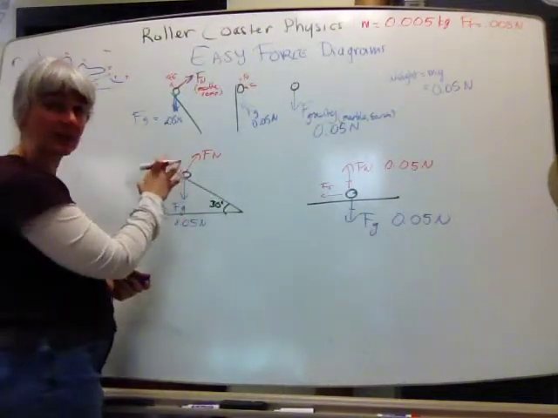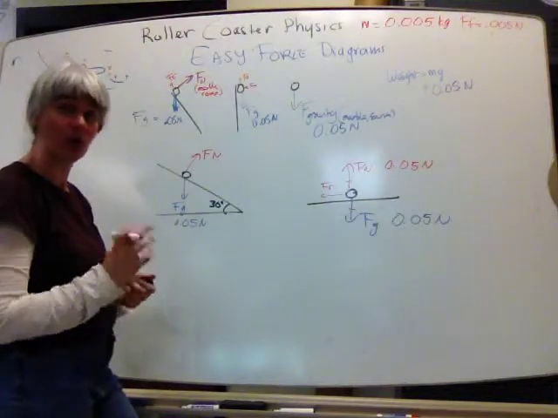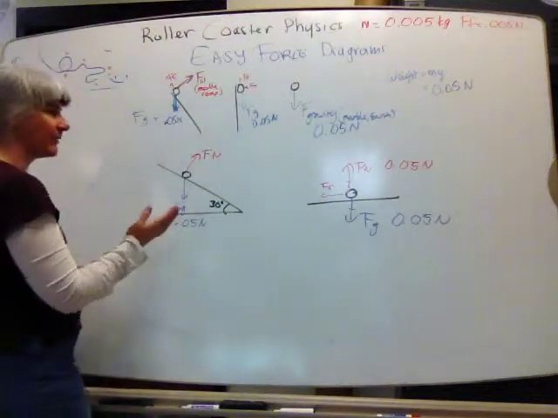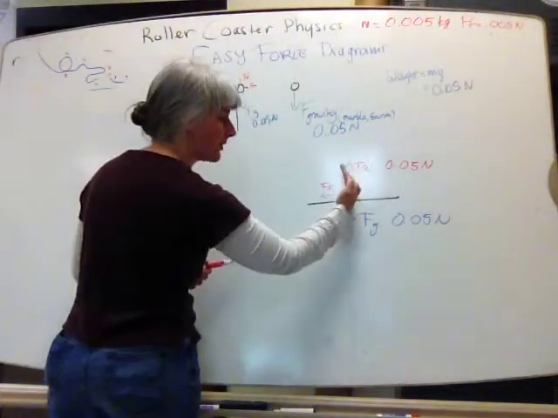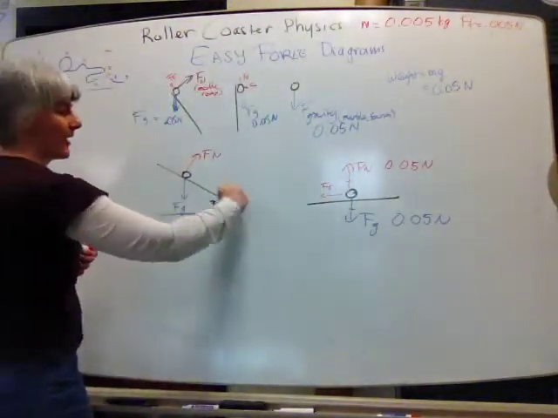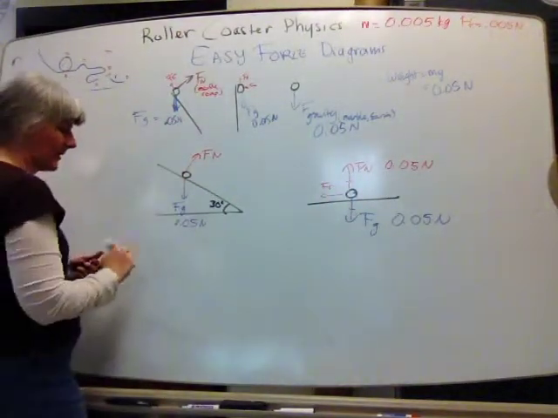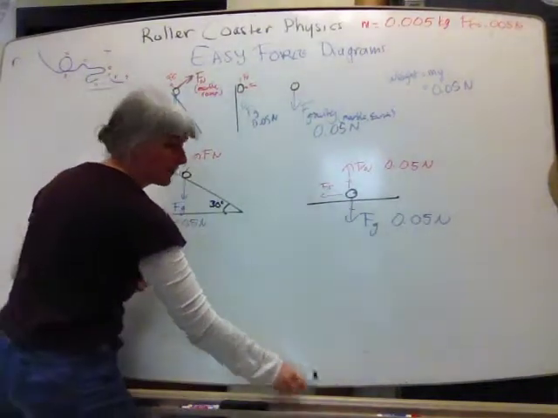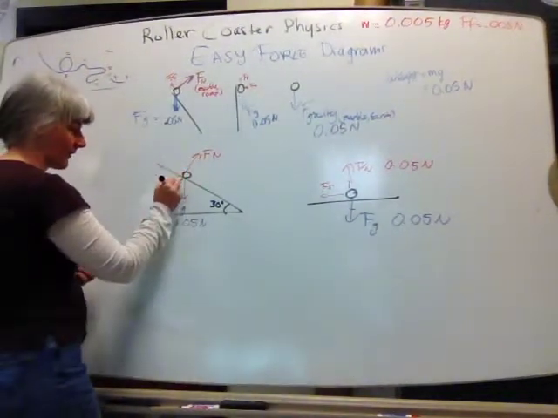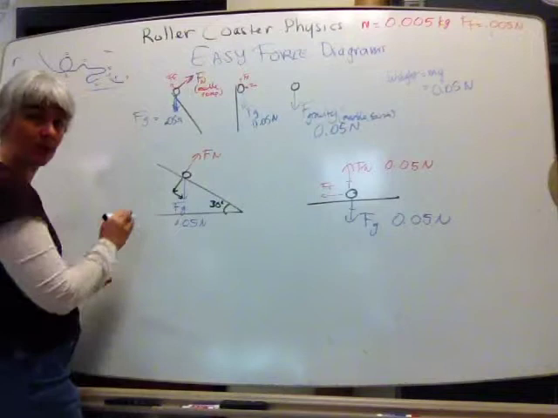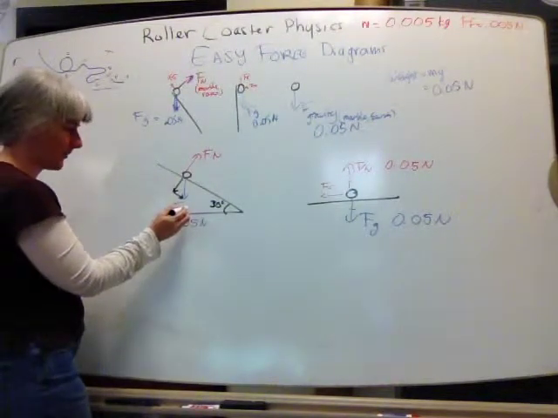And I actually can figure out what the normal force is. You know how to do that because instead of looking at horizontal and vertical, we're going to look at down the ramp and into the ramp. So we're going to take the force of gravity and break it into components. These two components, the one into the ramp and the one down the ramp.